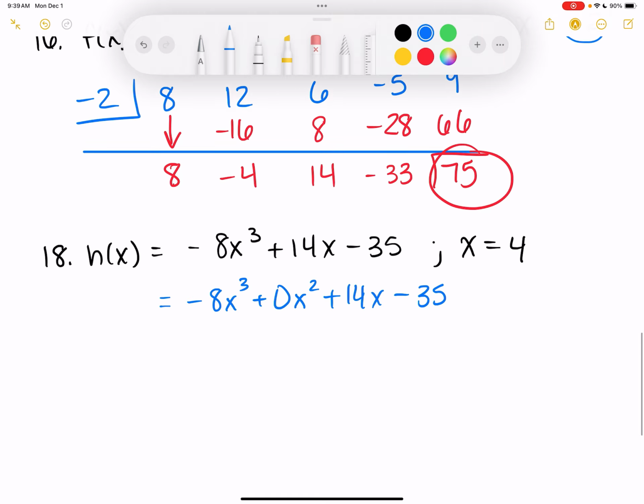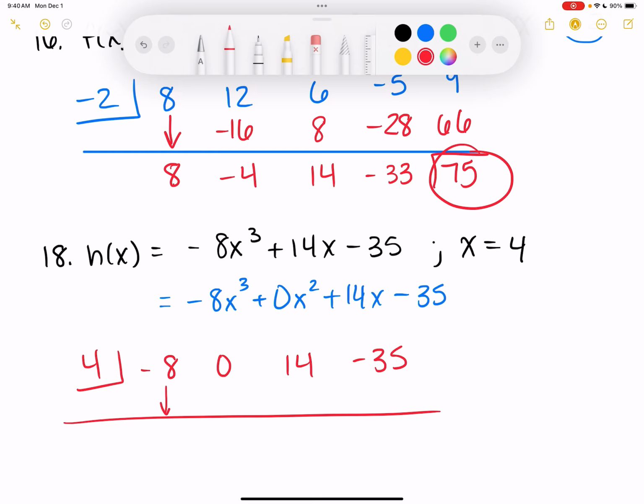So 4 goes in the corner. Then numbers in order. Got negative 8, 0, 14, and negative 35. Bring down the negative 8. Negative 8 times 4 is negative 32. Plus 0 is negative 32.